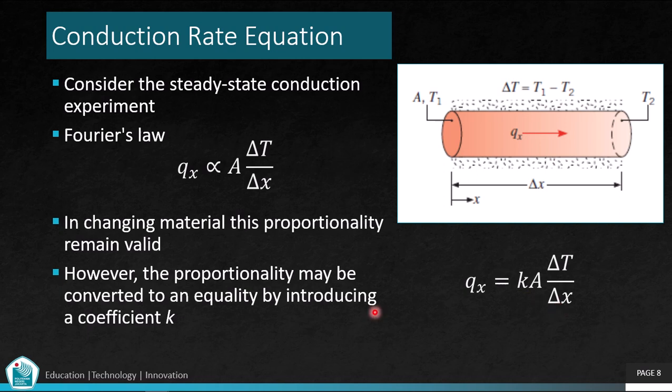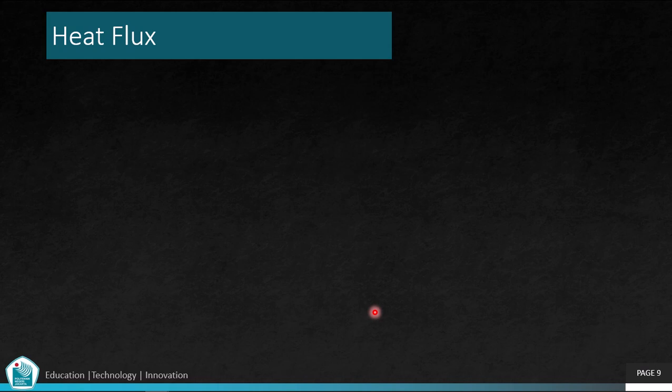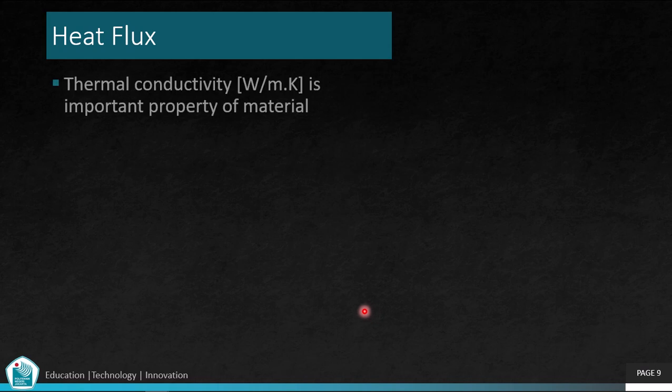So what is the K? The K is the thermal conductivity, and the unit is, remember, watt per meter Kelvin. This is an important property of the material.